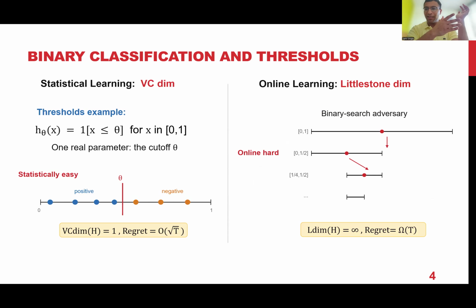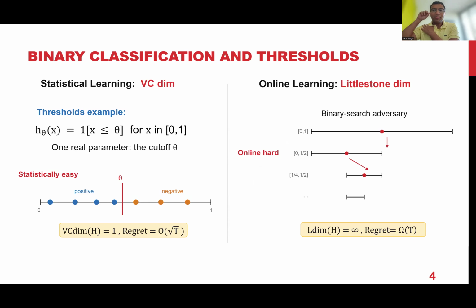Let's say the adversary goes left. Again, you make some prediction, 0 or 1, and again the adversary goes left or right with 50% chance. So basically you can do some kind of binary search. Then you have this tree of height capital T, and at every time step your algorithm is incorrect with half a chance. So every online algorithm has to pay at least t over 2 regret.